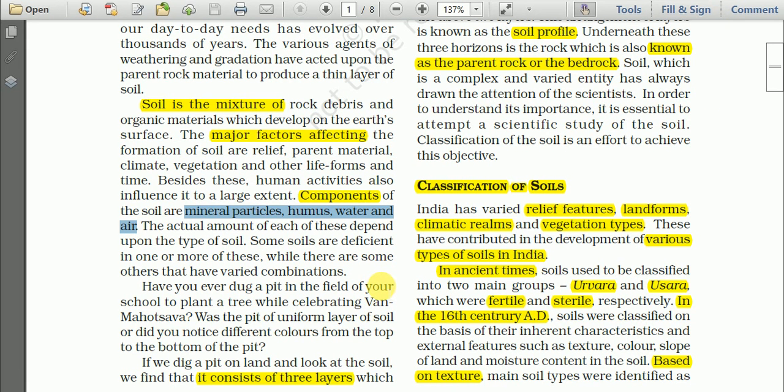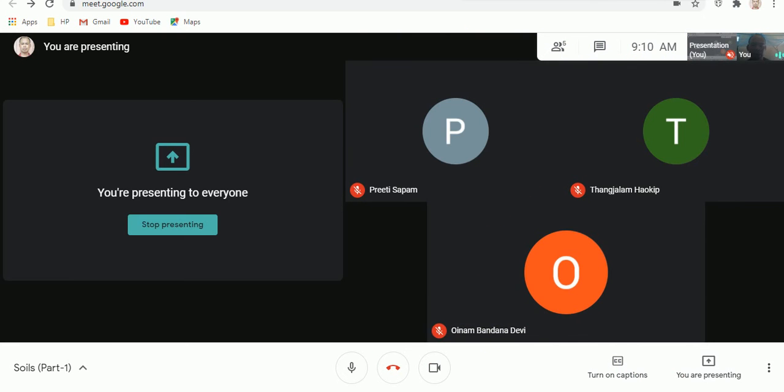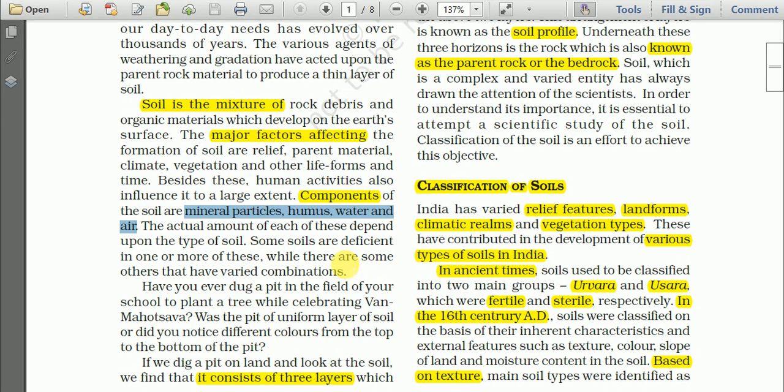You must know that the actual amount of each of these depends upon the type of soil. Depending on the type of soil, the share of these components may differ.